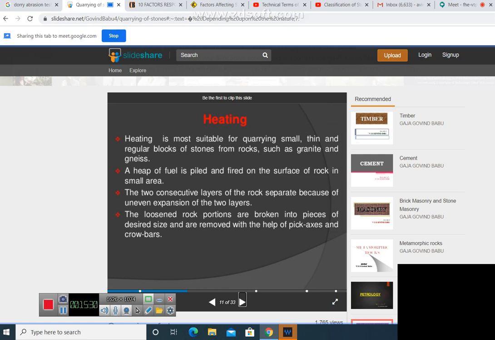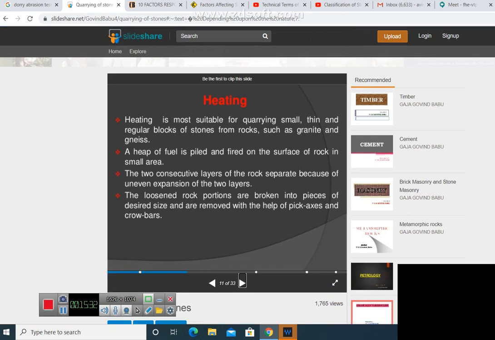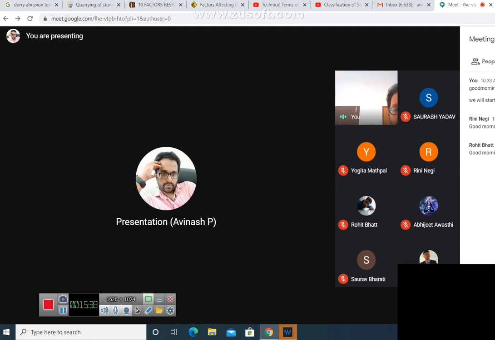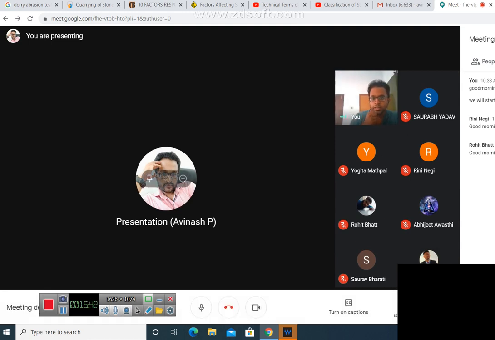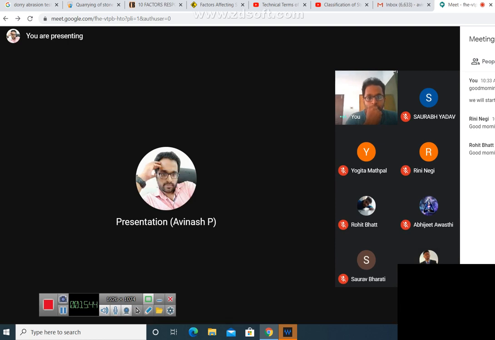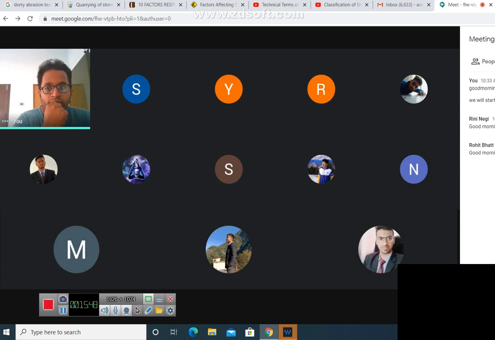So what you are doing here is placing a heap of fuel on the surface of the rock, in a very small area. And once the fuel is placed, you will be firing the fuel.